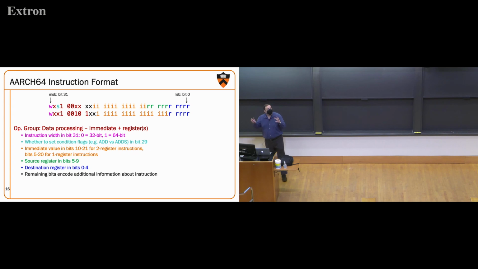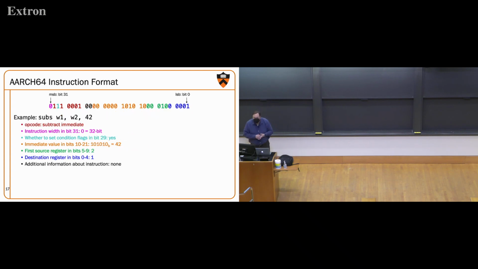So you can have a greater range of immediate values with that flavor of instruction. So here is an example of a subtract instruction where we have a single source register, an immediate value as the second operand, and a destination register.